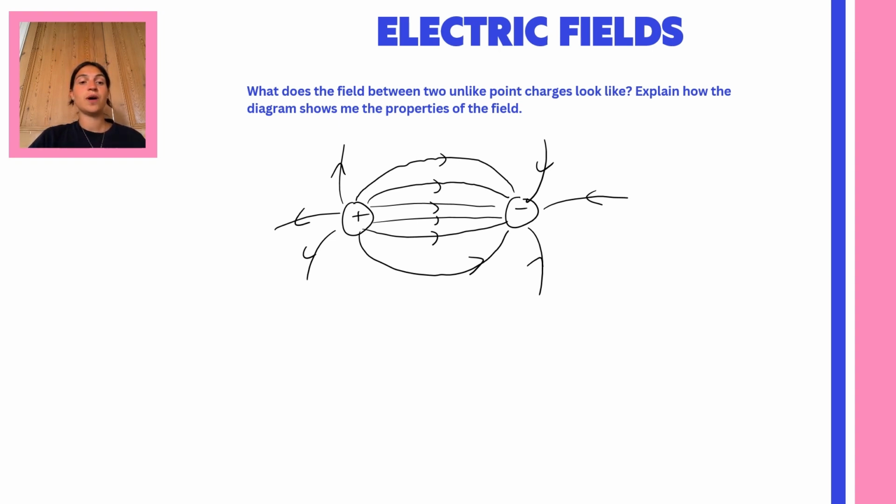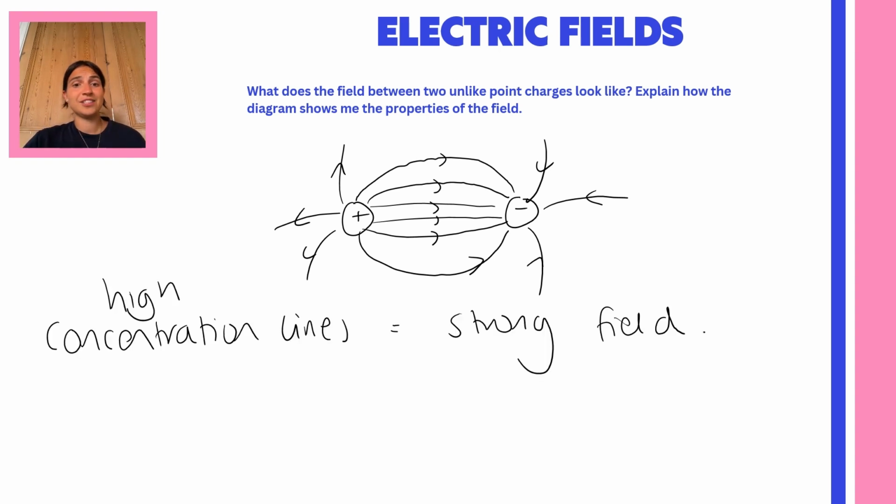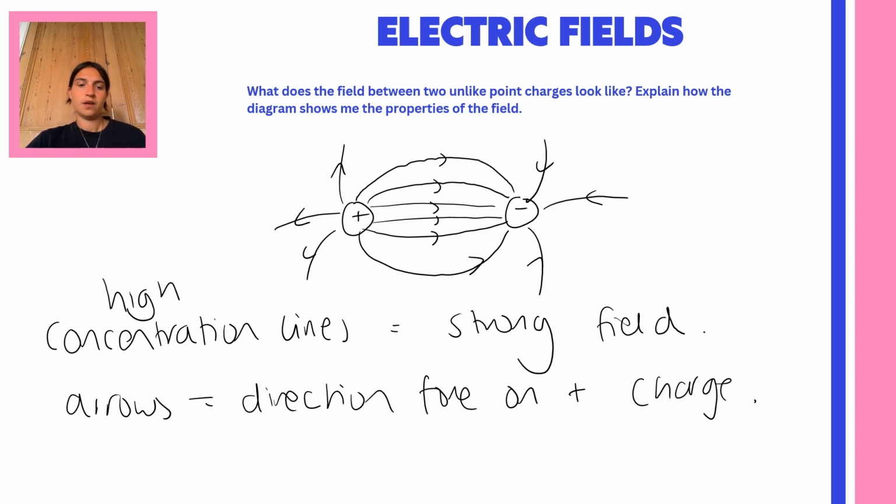You need to know that your arrows go from positive to negative. Okay, so that's something that the diagram is showing here. And you need to know that the higher concentration of your lines indicate a stronger electric field. Yeah, the arrows as well, because they go from positive to negative, that's the convention.